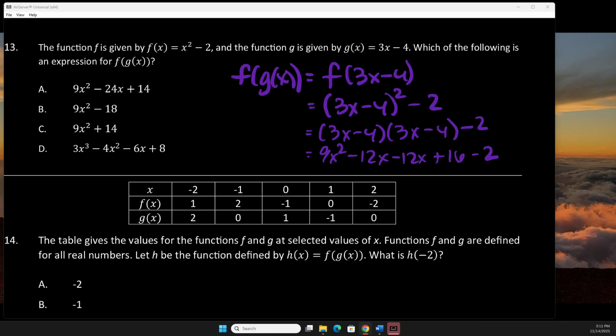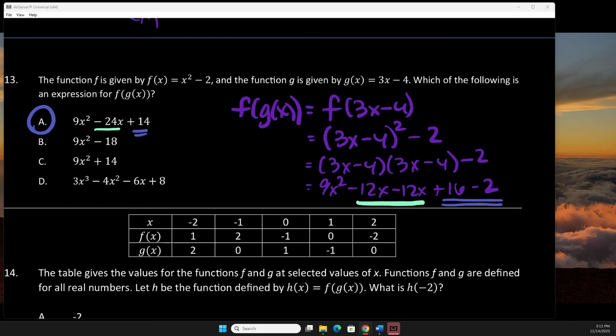And then finally, you would combine your like terms. So you would have to combine the negative 12x minus 12x, which is that. And then you would have to combine 16 minus 2, which is going to be 14. So it's choice A.